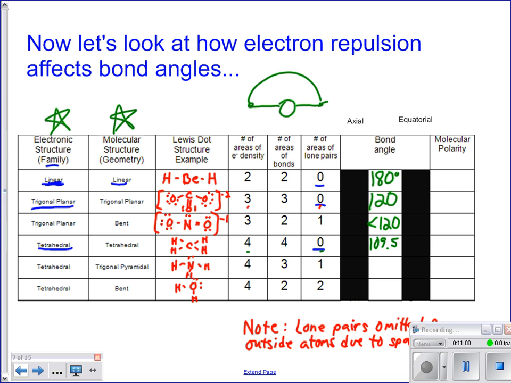All right. So now, still with 4 areas of electron density, but one of those areas now being a lone pair, what we see is, hey, that looks like a triangle again, right? Just like we had earlier. But think about how my fingers are pulling this up. It's pulling up into a pyramid. So it is trigonal pyramidal is what we have here. Trigonal pyramidal.